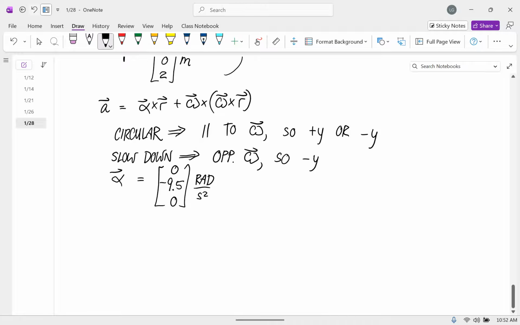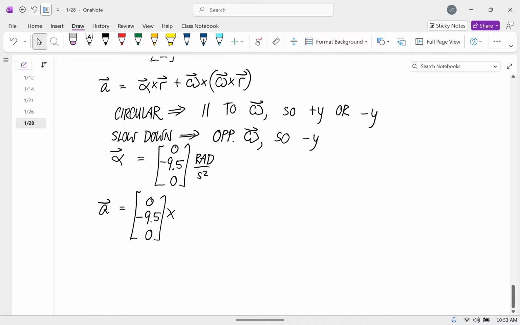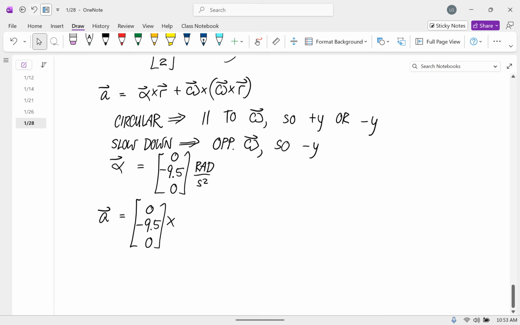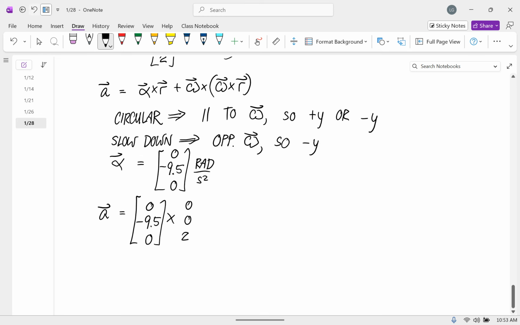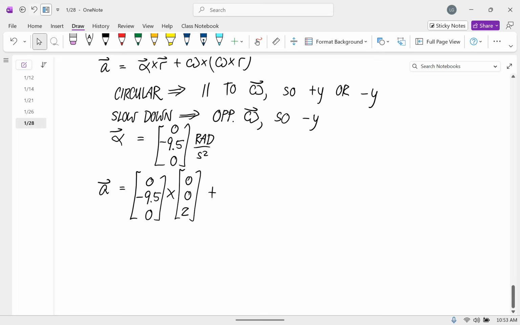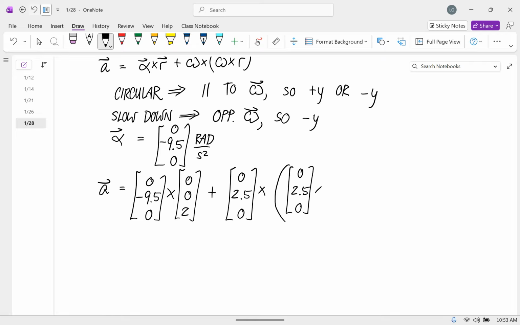So now we can put this stuff in. The acceleration of that point P is 0, negative 9.5, 0, crossed with R, which was 0, 0, 2, plus omega, 0, 2.5, 0, crossed with the quantity 0, 2.5, 0 cross R, 0, 0, 2.